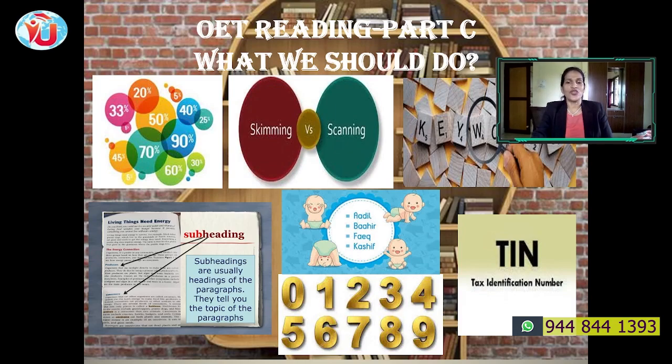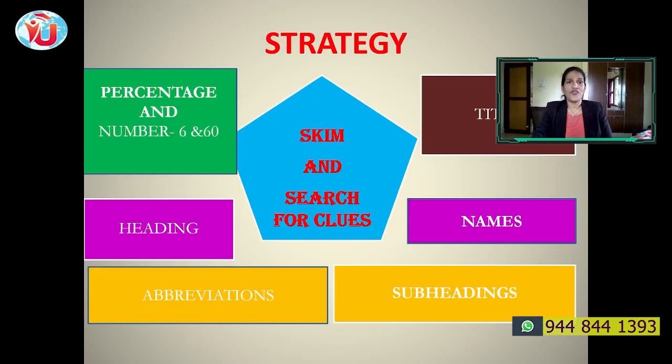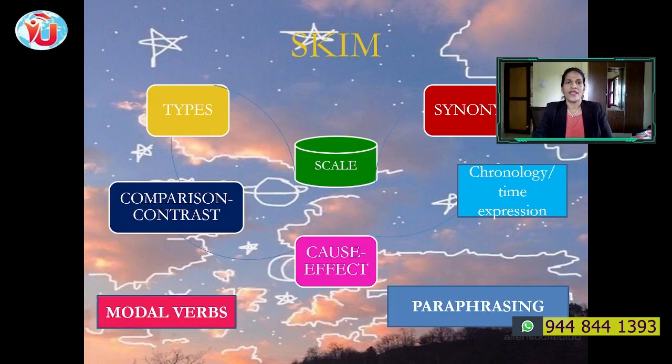So this much you need to remember. To continue further, we need to skim and search for clues. As I told you already, we need to look for titles, names, headings, subheadings, abbreviations, percentages, and numbers. I think I made it clear to you.